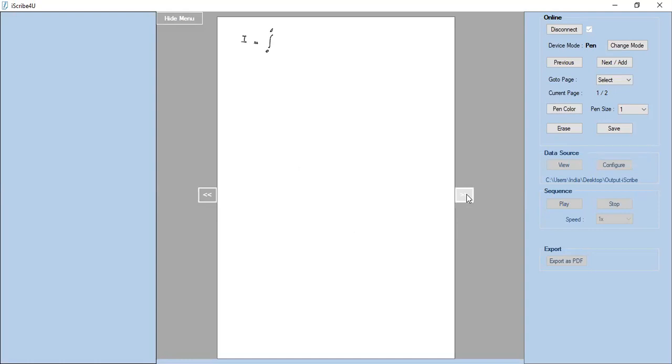Okay, so from 0 to a, you have the integral of x sine(n pi x by a) dx.